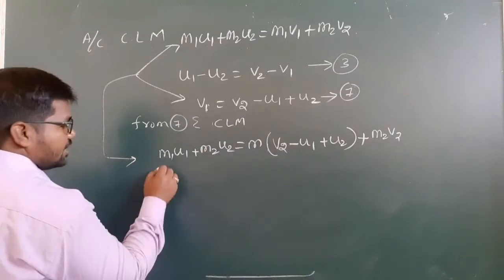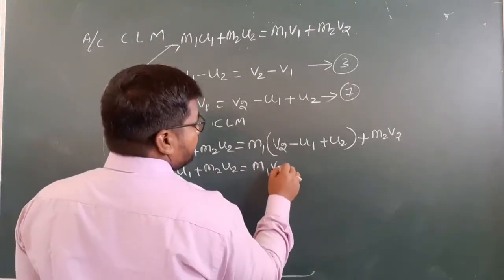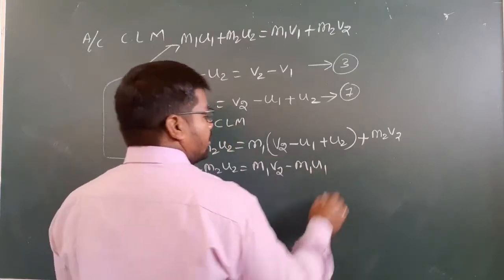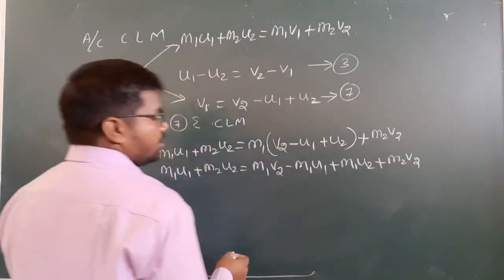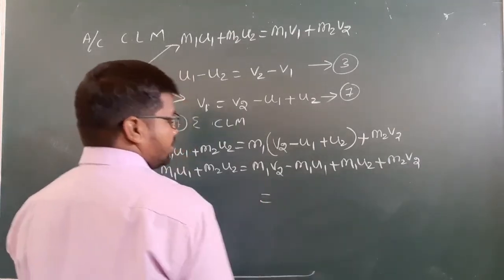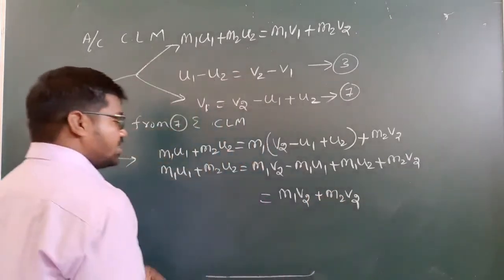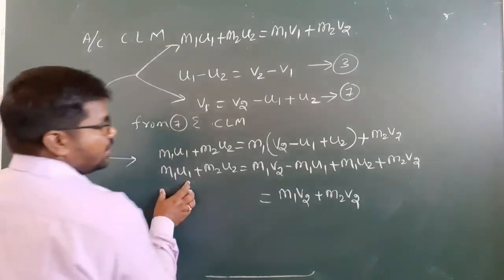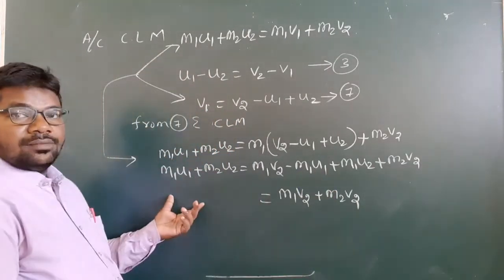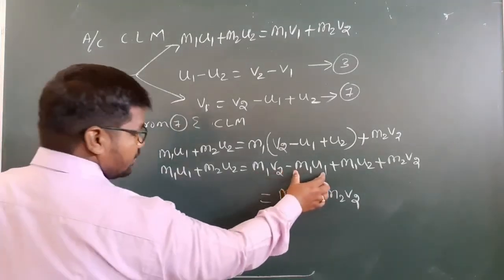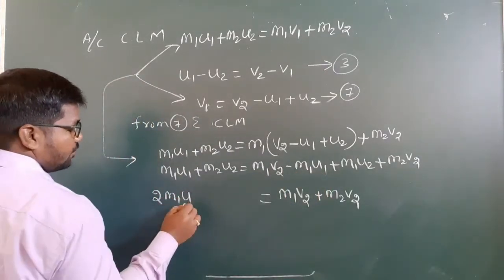Rearranging, m1 u1 plus m2 u2 is equal to m1 v2 minus m1 u1 plus m1 u2 plus m2 v2. Here we take the v2 terms, m1 v2 plus m2 v2, to the left side. Be careful, my children. The m1 u1 becomes positive, so m1 u1 plus m1 u1 is 2 m1 u1.